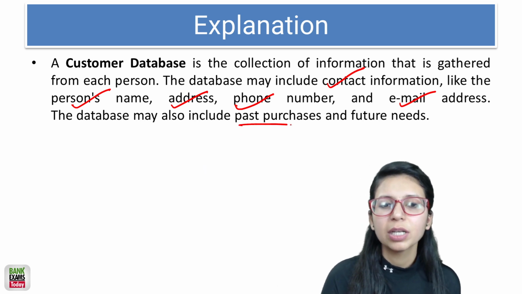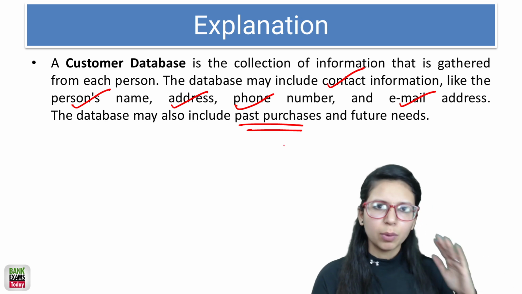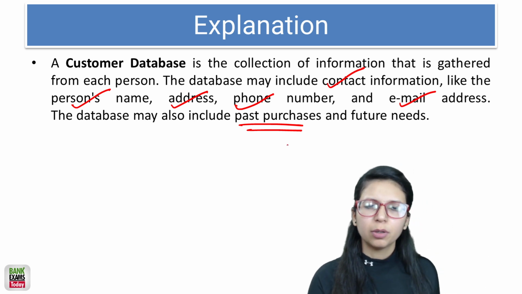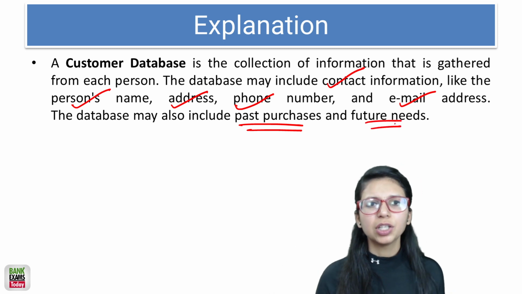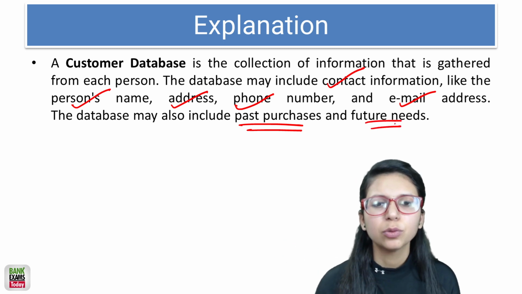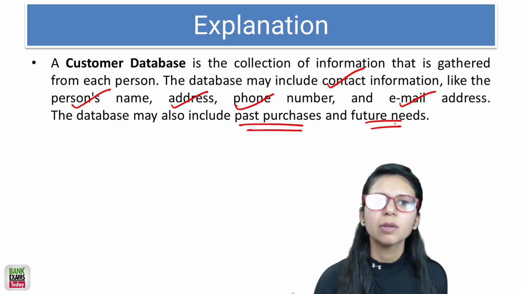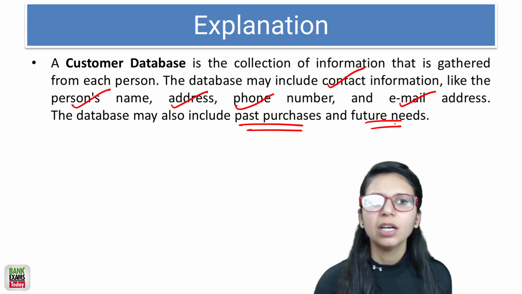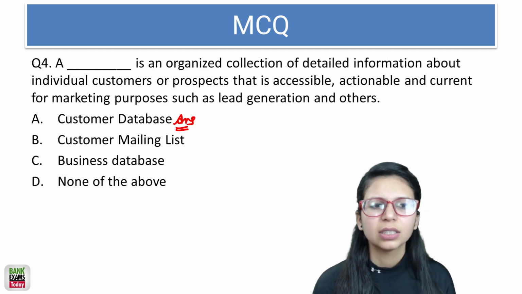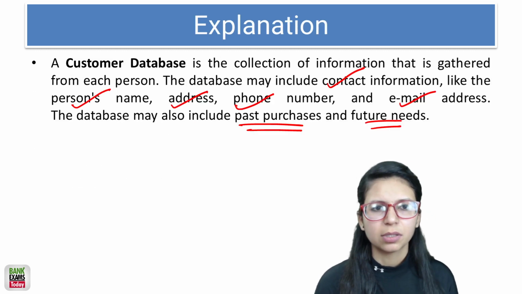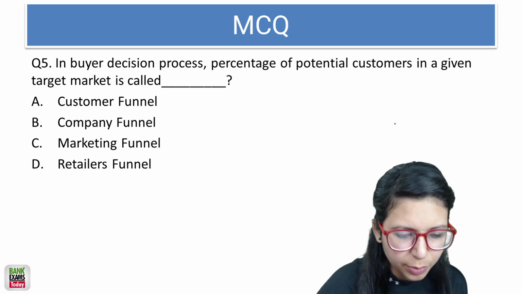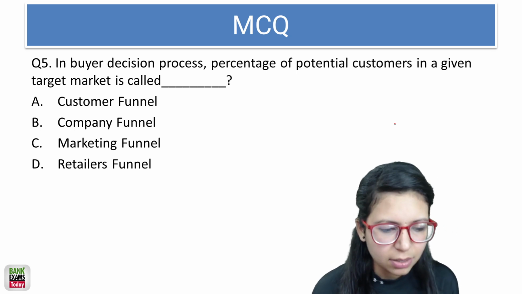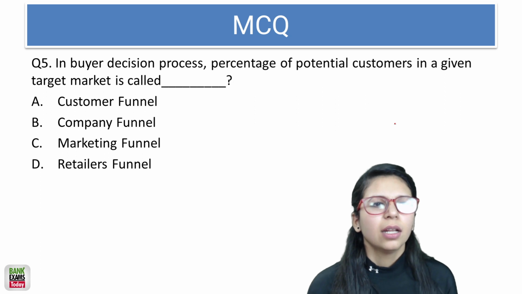It may also include past purchases, whatever the customer has purchased from us in the past, or whatever needs might arise in future for the customers. On the basis of the past purchases, we have that database which is known as customer database. So the answer is customer database. Business database is not the right answer.